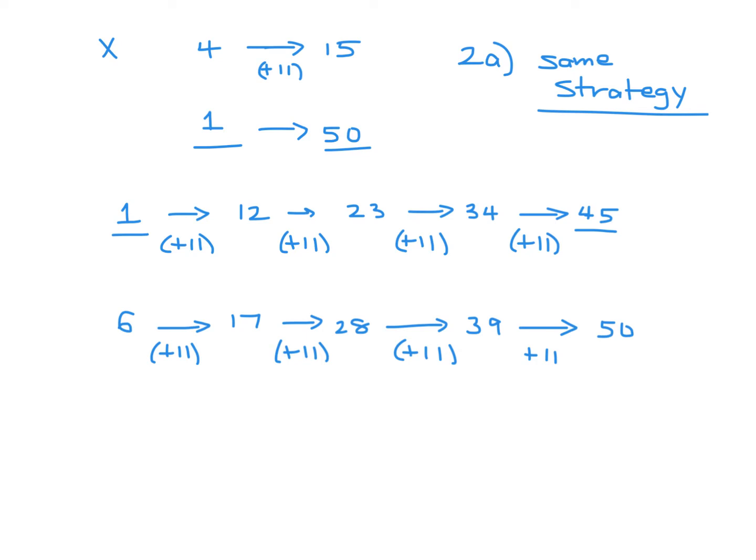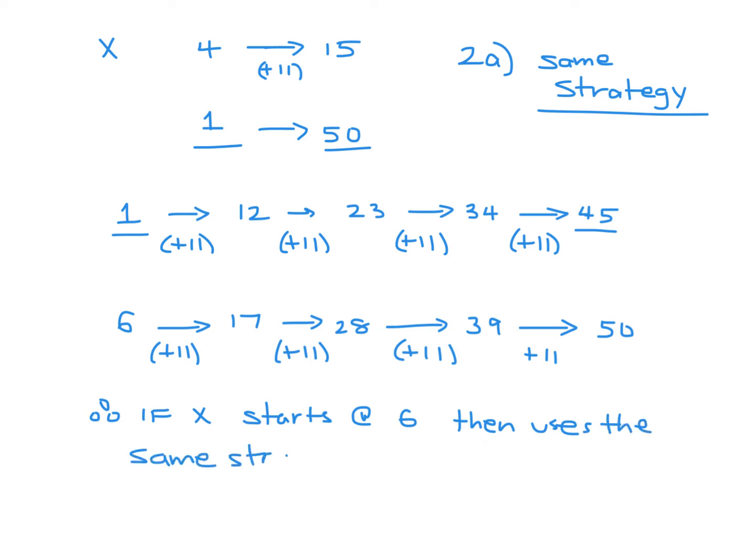So in words, and like I said, you guys could be as detailed as you want. Therefore, if Xavier starts at 6, then uses the same strategy as in 2A of this question.